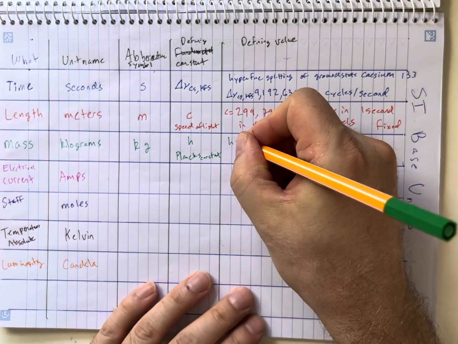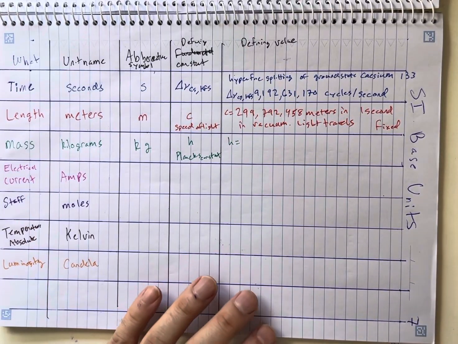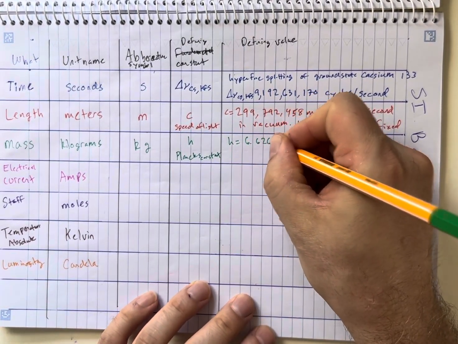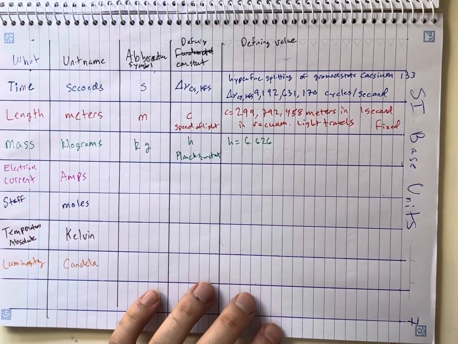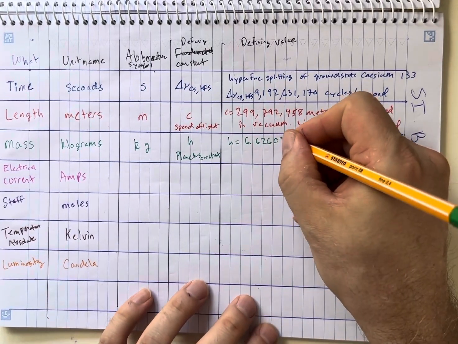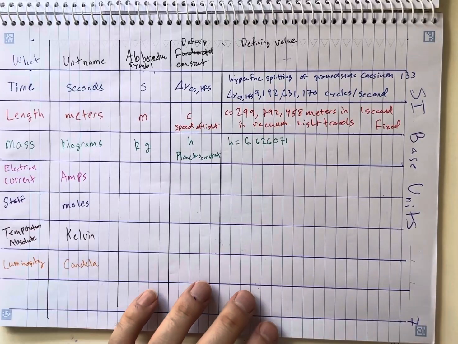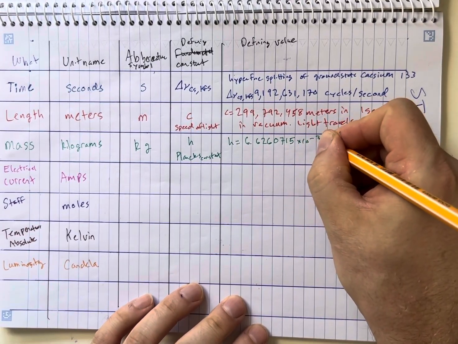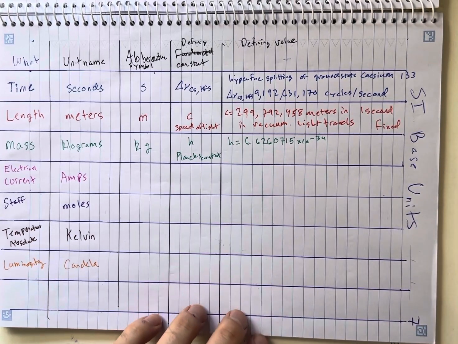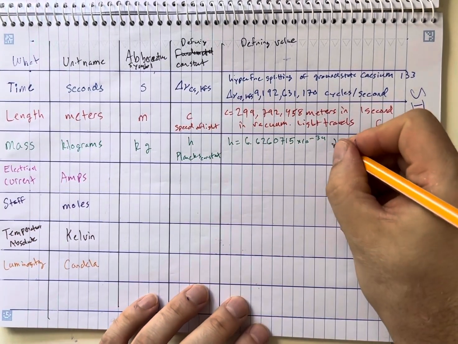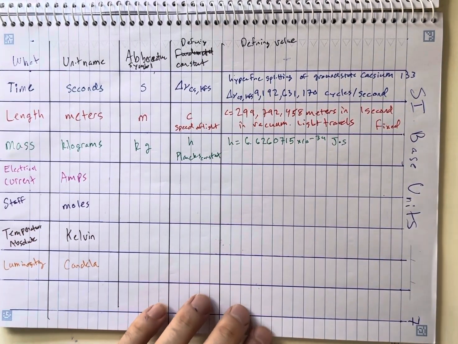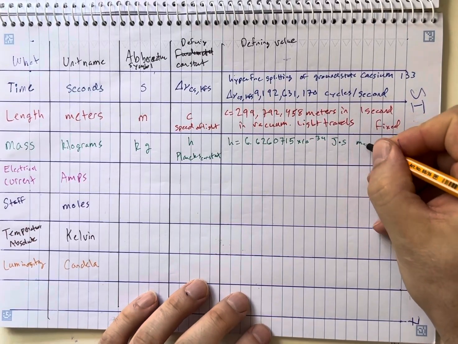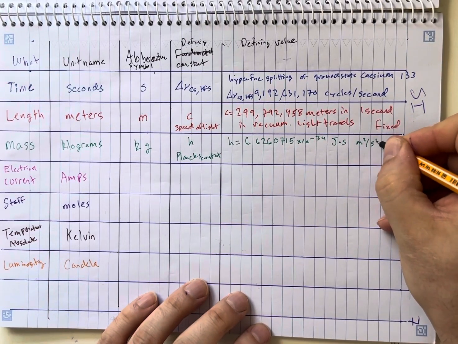So h is equal to 6.626 070 15 times 10 to the negative 34 joule seconds, which is kilograms meters squared per second.